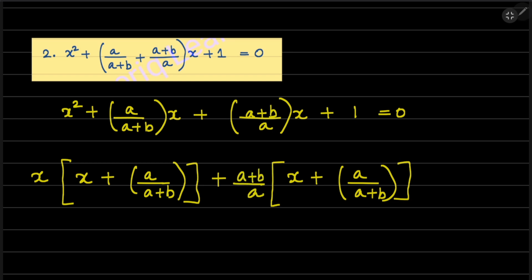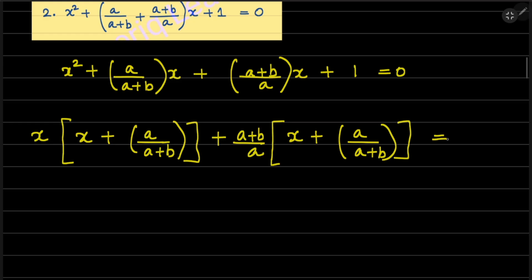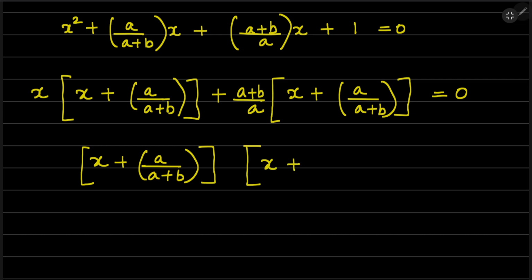Right? So if you see here, a plus b by a multiplied by x will give you this. A plus b by a multiplied by a plus b, you will have 1. So it's completely getting satisfied. It's equal to 0. So between these two terms, the first term would be x plus a by a plus b, and the second term would be x plus a plus b by a equal to 0.